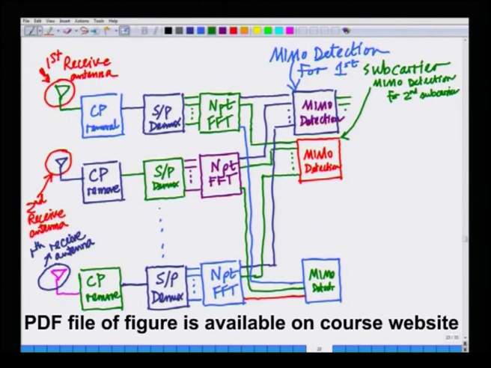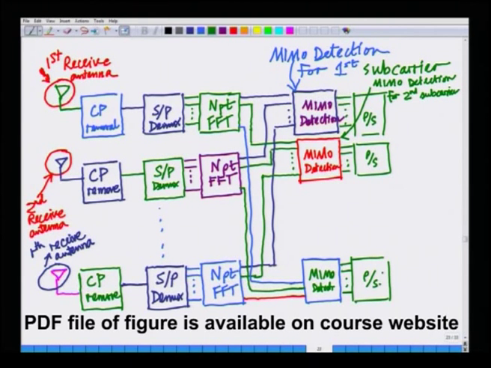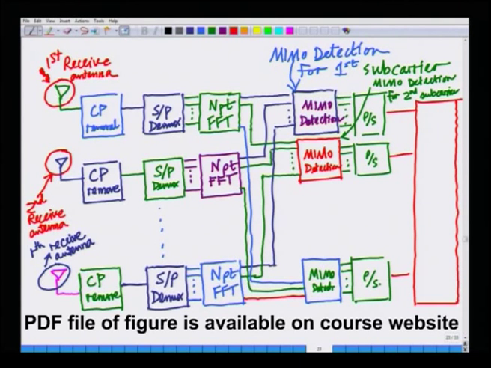I am going to serialize this. So, this is a parallel to serial module, this is another parallel to serial module, this is another parallel to serial module, and once I have serialized this at each subcarrier, I then convert them from parallel to serial across all the subcarriers.